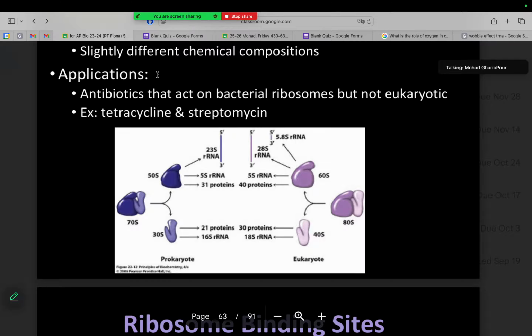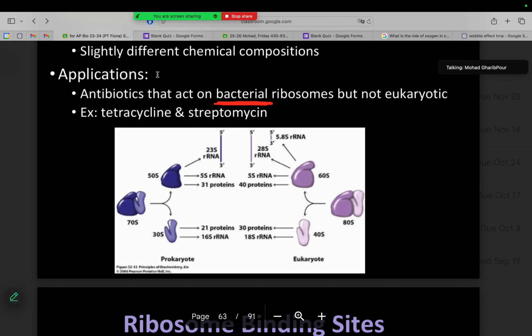But if you have a bacterial infection, you can target things on the bacteria that are not the same in the human. An example here is your ribosomes. So the ribosomes are different between the two organisms.